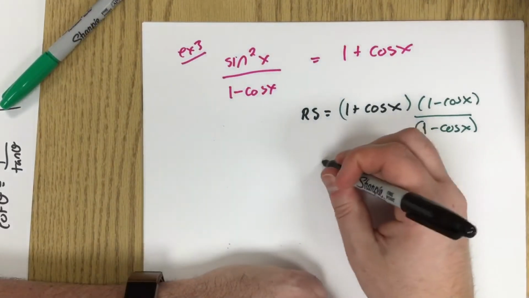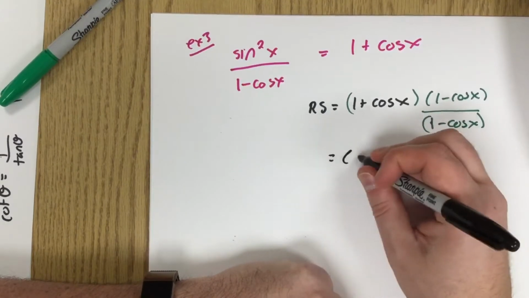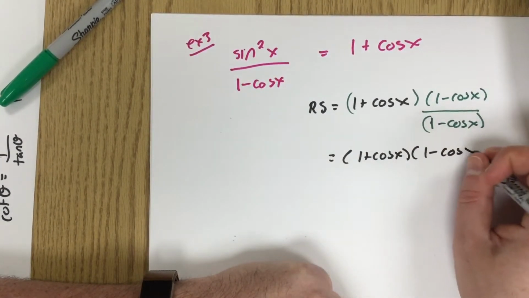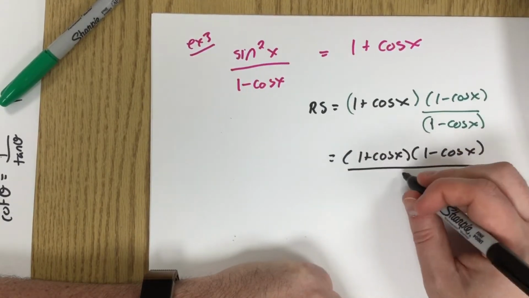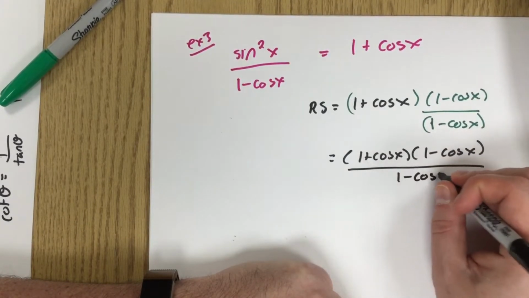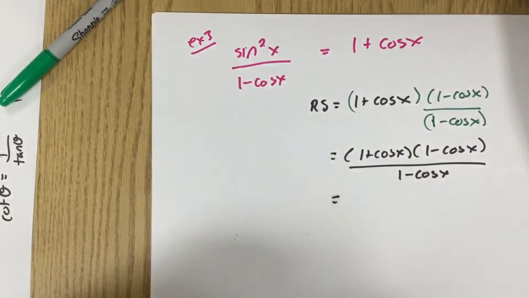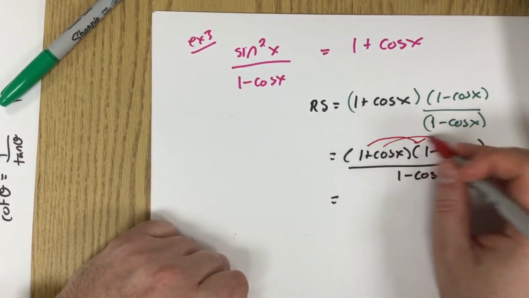Because you definitely can. So then what we're going to end up with is 1 plus cos x times 1 minus cos x all over 1 minus cos x. We could FOIL this thing out. Right, so multiply that.